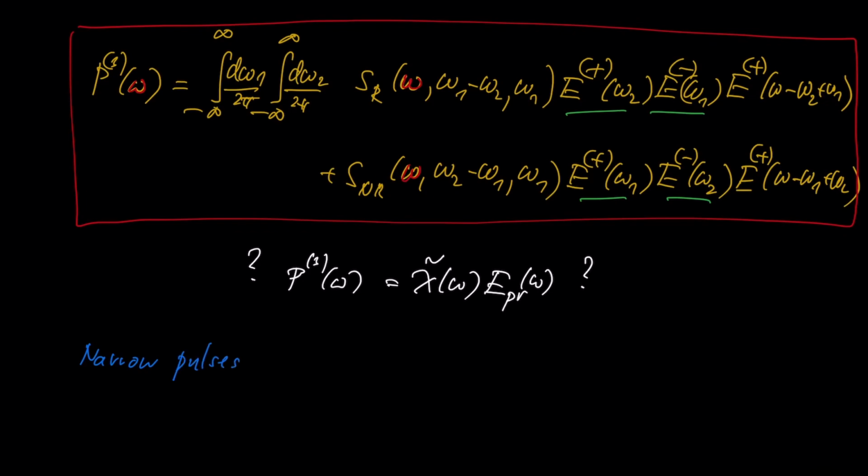So if we have narrow pulses, I mean frequency narrow in omega, that means that in the integrations that we have here, omega 2 is actually roughly omega, and omega 1 is also roughly omega. These are the, let's say, the pump frequencies.